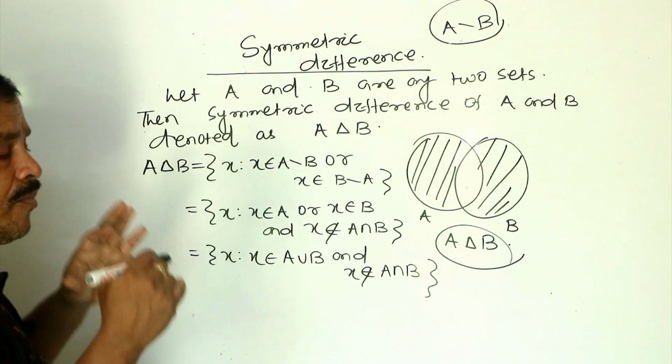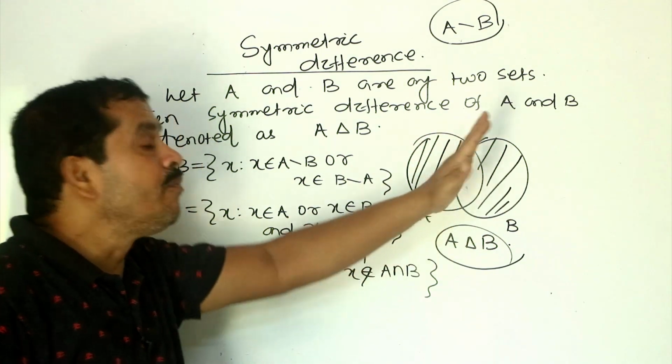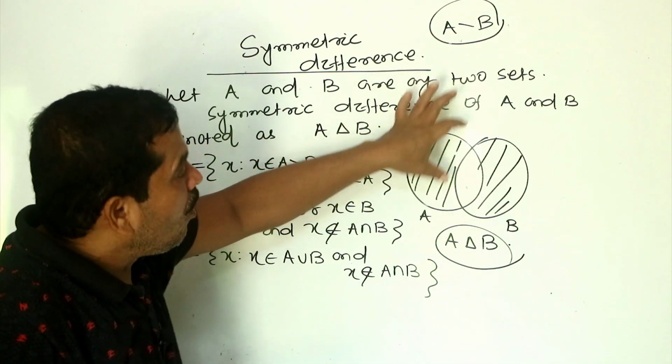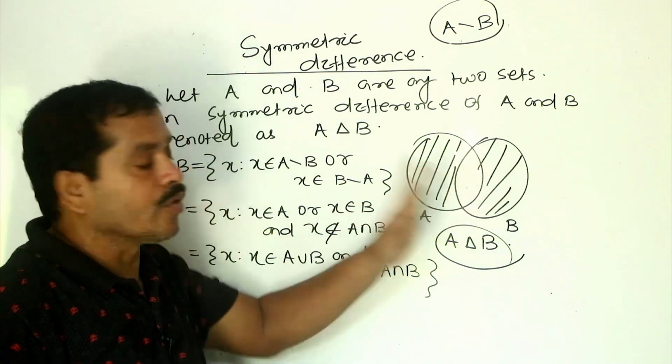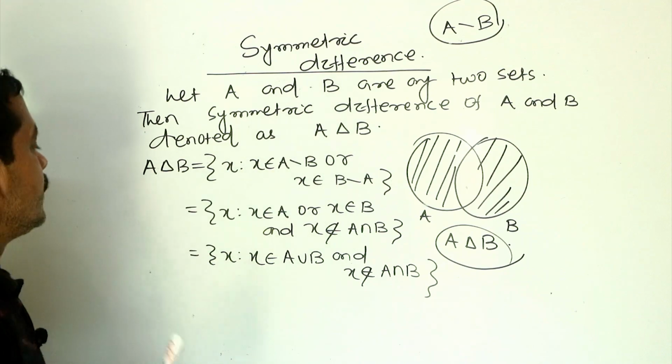It is the collection of all elements which are in A or in B but not in both. That is the symmetric difference, A delta B.